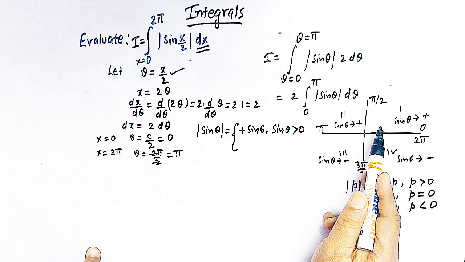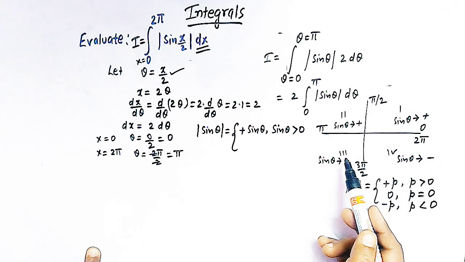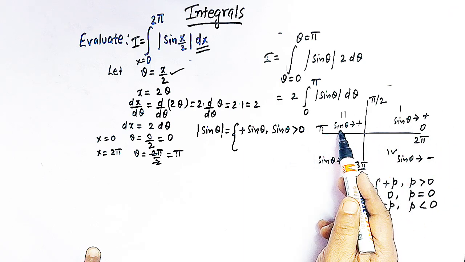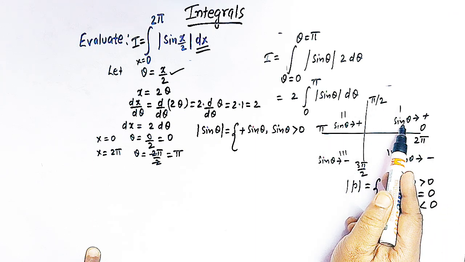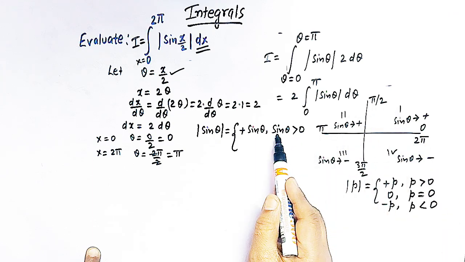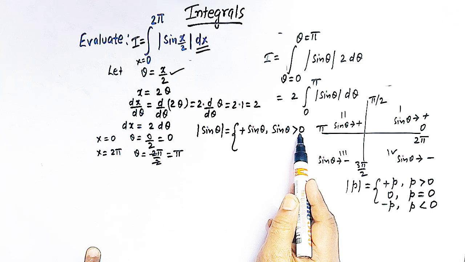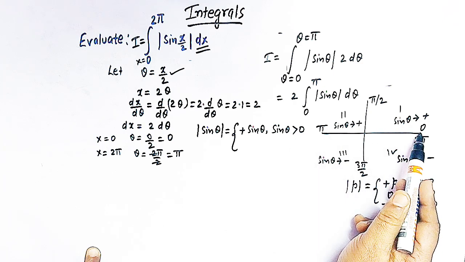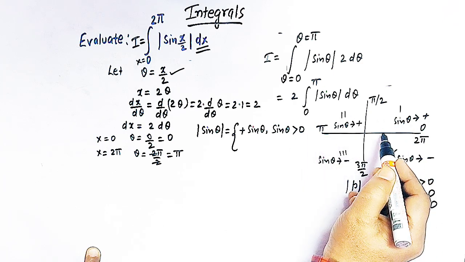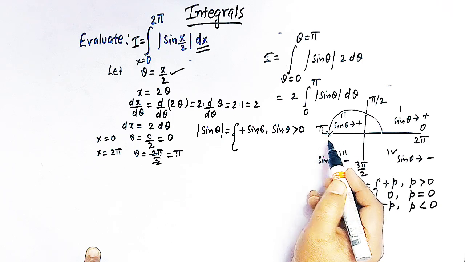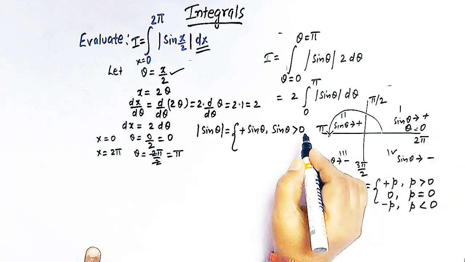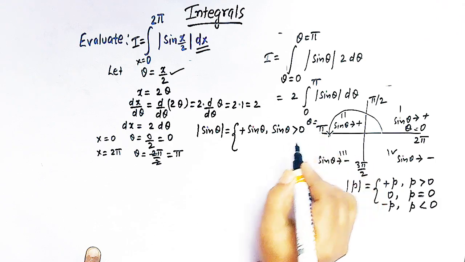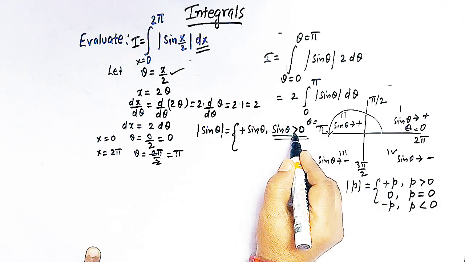And we can see from the sign convention of sine theta in the four quadrants that sine theta is greater than 0 when we go from 0 to pi. So when we go from theta is equal to 0 to theta is equal to pi, then sine theta is greater than 0.